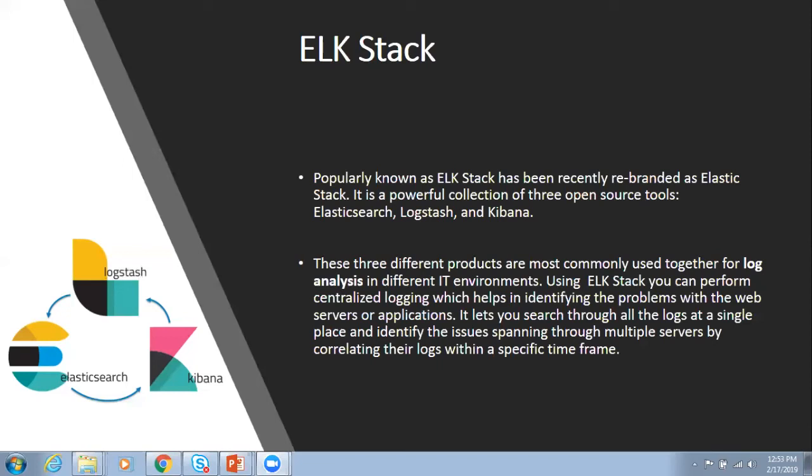We'll discuss these tools one by one in detail, and how these three tools work together to fulfill the requirement of monitoring tools, in due course.